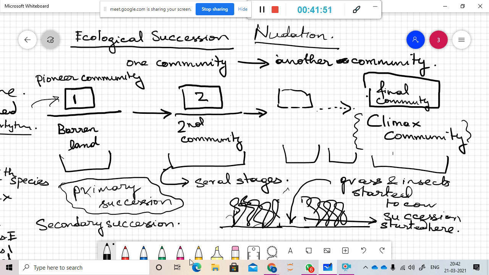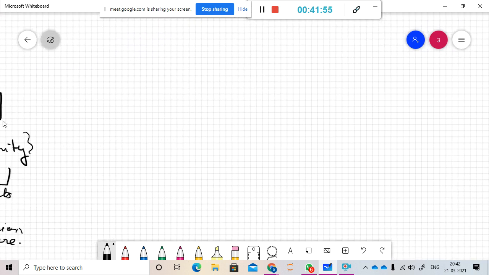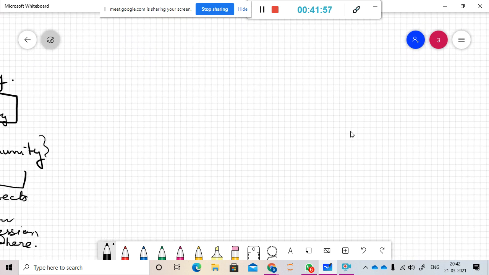ecological community. There are a few things about community I need to mention, about some types of interaction between species in a community.